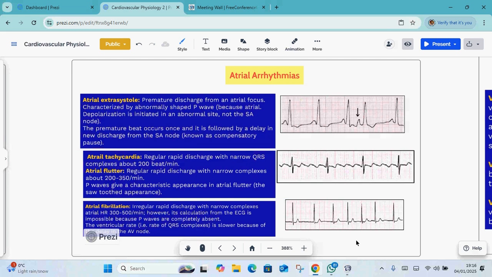And then we will just recap and we will split the lecture. What's extrasystole? What's atrial flutter? What's atrial fibrillation? In atrial extrasystole, the P wave shape is abnormal, and it's not all on a horizontal line.